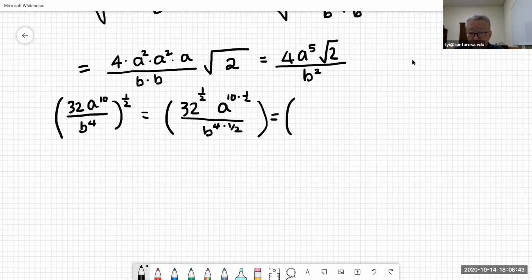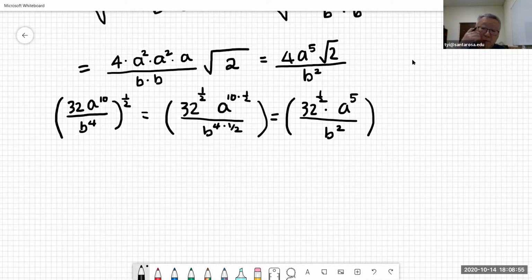So 32 to the 1/2, then I have a to the 5th, then you got b squared. So the only thing that we're going to have to worry about here is going to be 32. You can say something like that. The 32, you're going to have a 2 times 16.